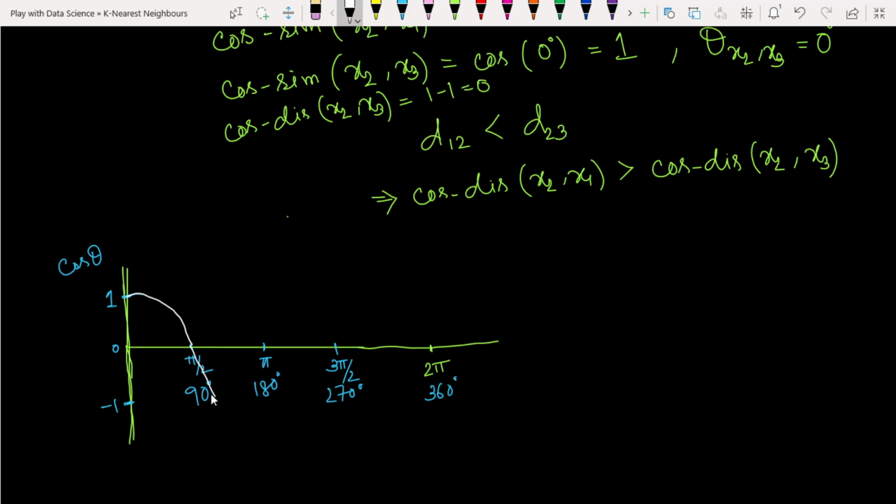At pi, cos theta is -1. Cos 3 pi by 2 is 0, and cos 2 pi is again 1.